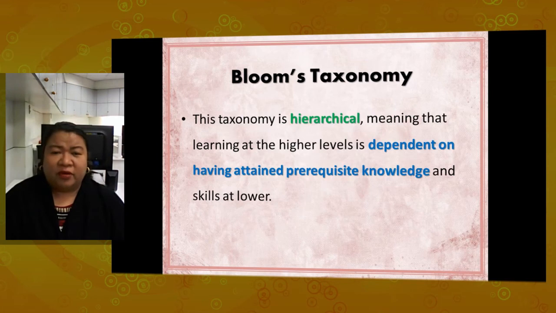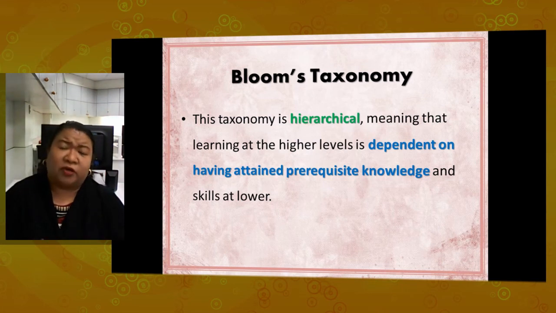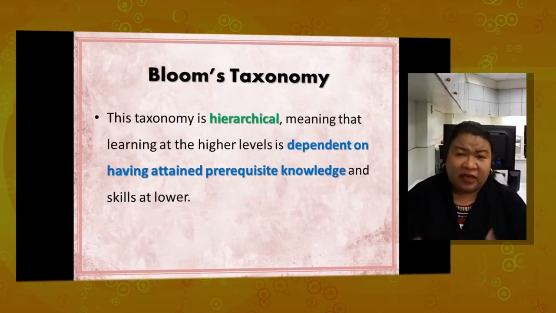The taxonomy is also hierarchical, meaning learning at the higher level is dependent on having attained prerequisite knowledge and skills at the lower end. It goes from the most basic skill that you want your learner to be able to do up to the higher levels of thinking or doing.